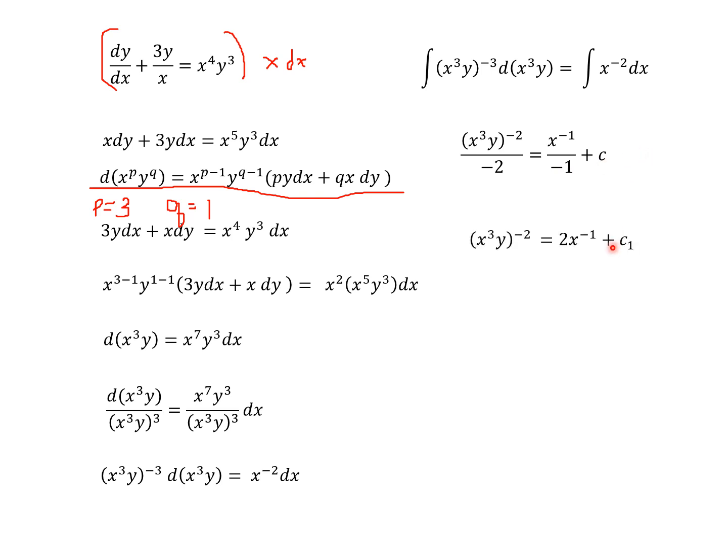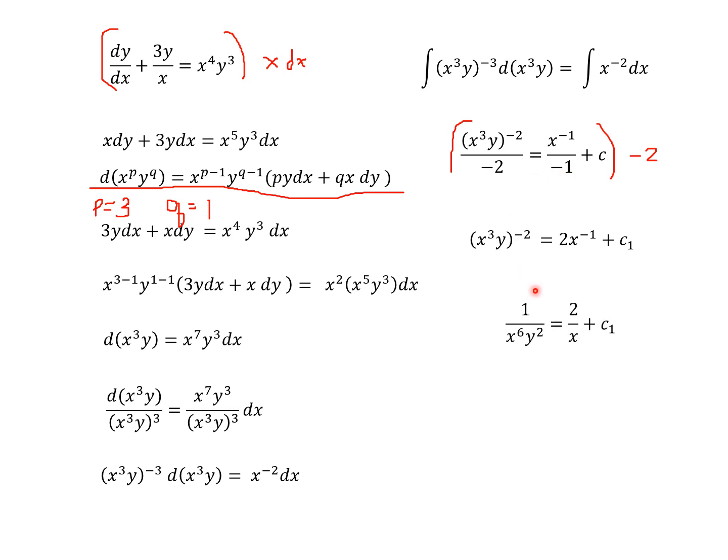Multiplying this by negative 2 gives you just x cubed y to the negative 2 is just 2x to the negative 1 plus another constant c1, where c1 is just c times negative 2.